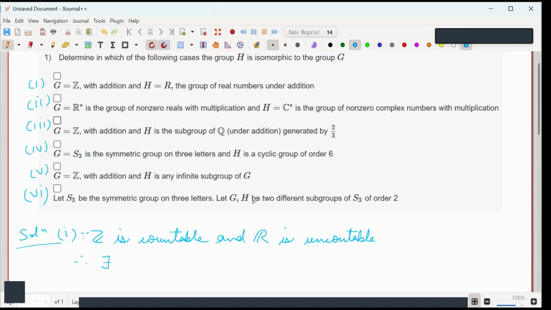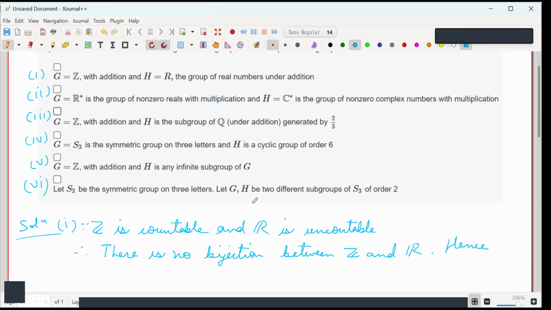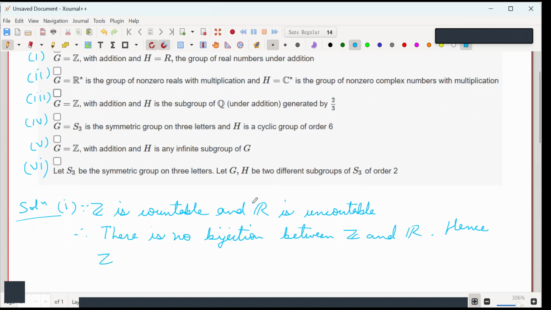Therefore, there exists no bijection, or let me just write it in words only: therefore, there is no bijection between Z and R. Hence, Z is not isomorphic to R. I should not write Z itself, Z has no meaning.